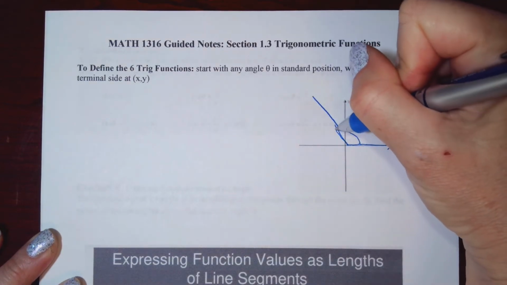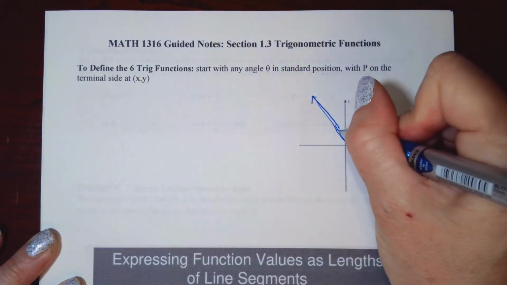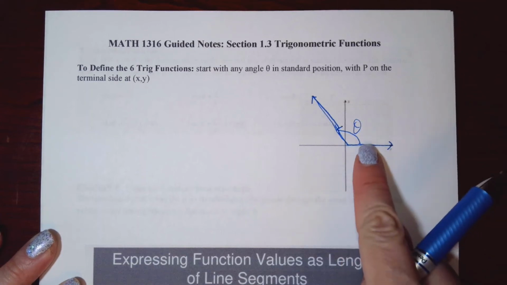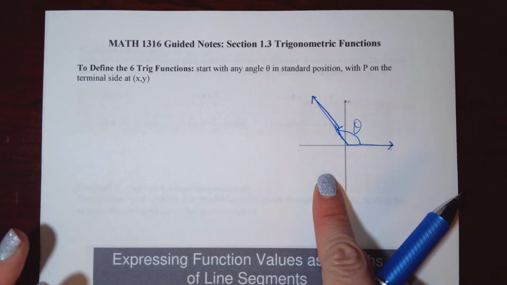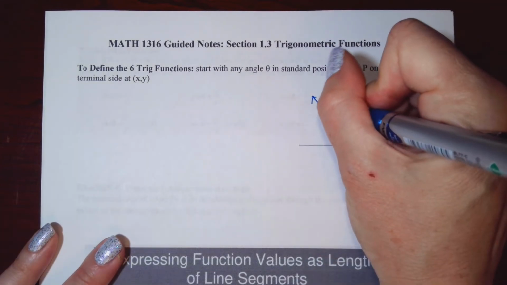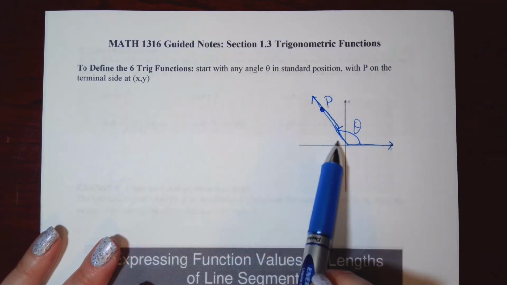So here is my very unstraight terminal side, but here's my rotation, here's my angle theta right here that I'm looking at. Now I could have stopped in quadrant 1, I could have rotated all the way around. It really doesn't matter. I just picked a spot. And I have point P at some xy coordinates on the terminal side of my angle.